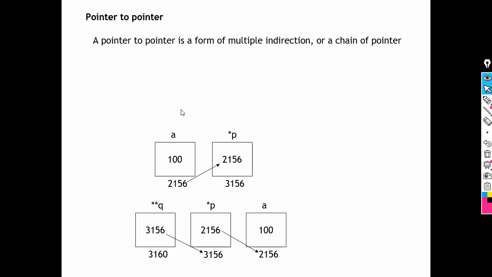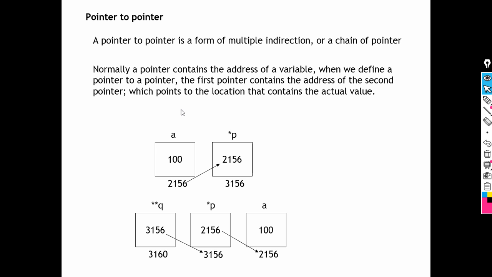Pointer to a pointer: you can have a pointer to a pointer, that is, multiple indirection. Here a is a variable whose value is 100 and whose address is, let us say, 2156. Now p is a pointer holding the address of a, that is 2156, so p points to a.